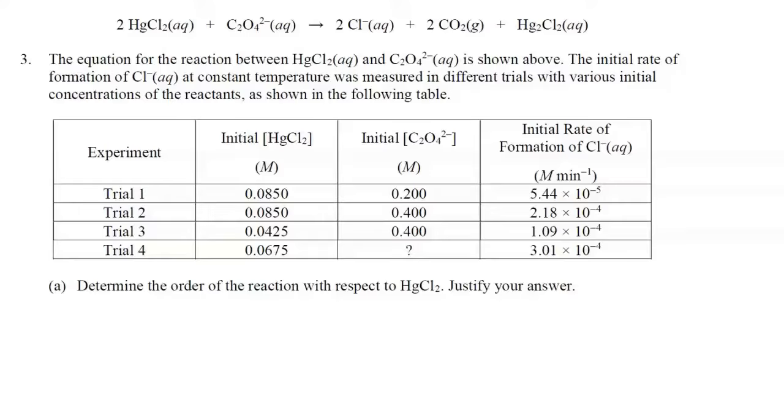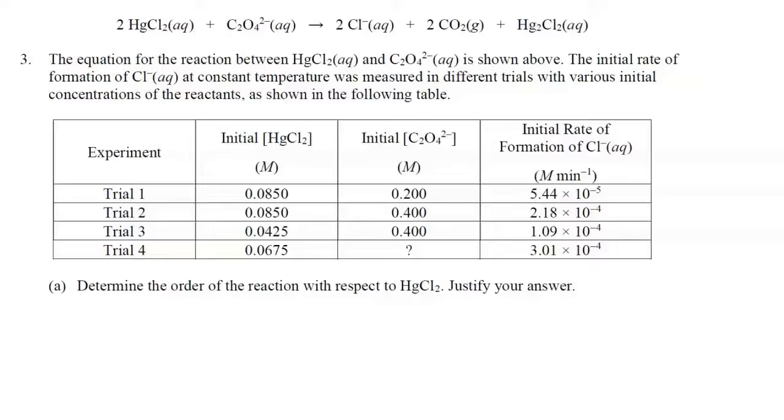Justify your answer. So what I'm looking for is a set of experiments in which they changed the initial concentration of HgCl2 while keeping constant the initial concentration of the other reactant.